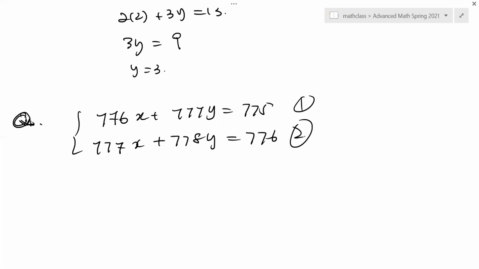This is the math computation problem. The numbers are big. If you use a brute-force method, you can solve it, but it's very complicated. Okay, I'll give you a minute to think about it.